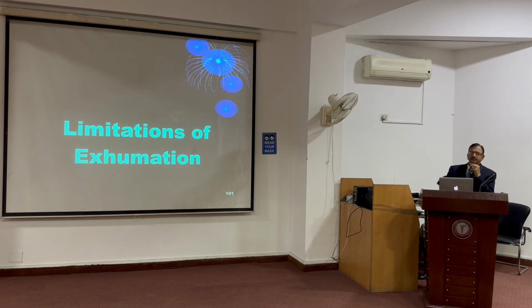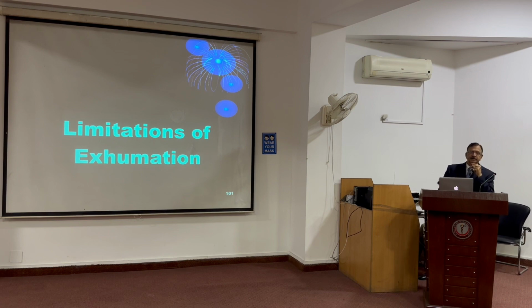Now regarding the limitation, the biggest limitation is the time period, because when the body is buried, we know that putrefaction sets in after 24 to 36 hours even in fresh cases. And when it is buried, it can be a little delayed because of the burial in the earth, but even then the putrefaction will be there.